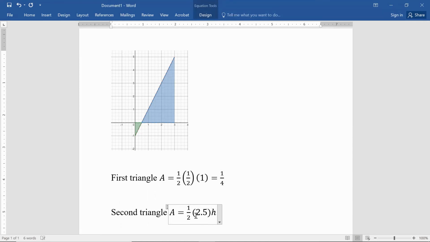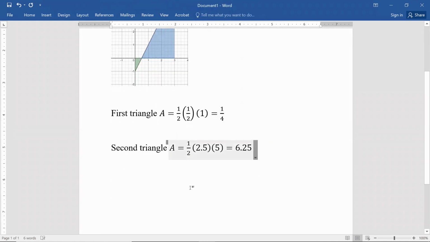The height goes from 0 to 5, therefore the height is 5. If you plug that into your calculator, 1/2 times 2.5 times 5 gives you the same thing as 2.5 times 2.5, which is 6.25, or in other words, 6 1/4.